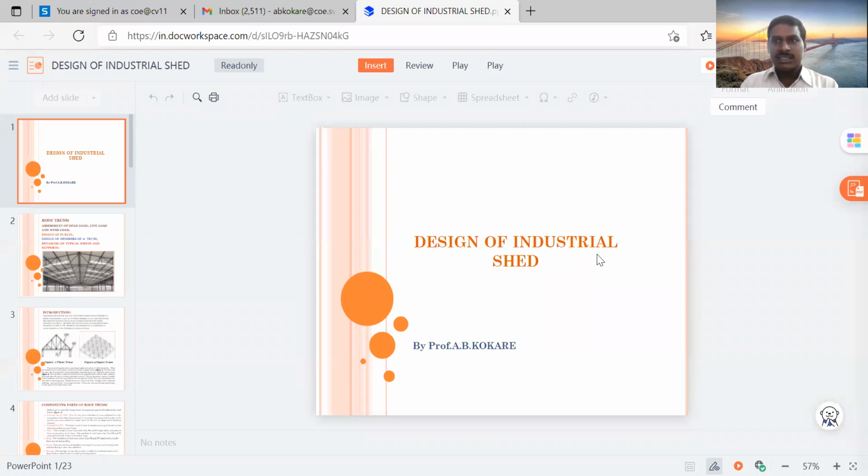design in the structural engineering. One is steel structural design and the other is RCC, means reinforced concrete design. So here today we will see how to design the industrial shed, means industrial building, by using the steel structural member. So we will cover some of the important parts required for the design of industrial shed, and how to calculate the loads for the design of industrial shed.